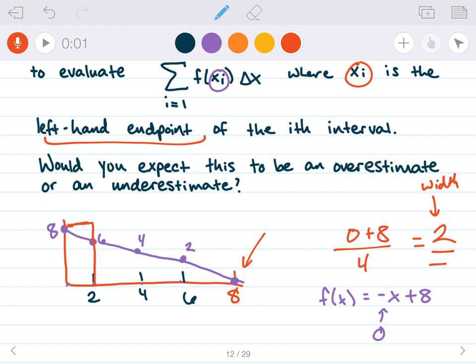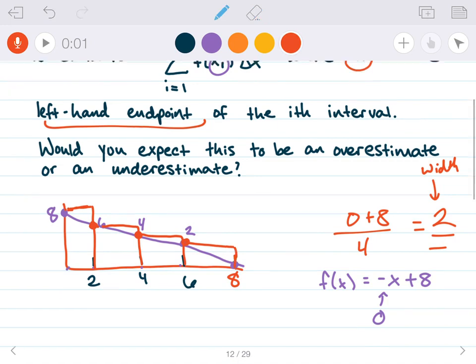Our second rectangle, here's the height using the left-hand endpoint. Third rectangle, here's the height. And fourth rectangle, here's the height. Sorry. Okay, so there's our 4 rectangles.